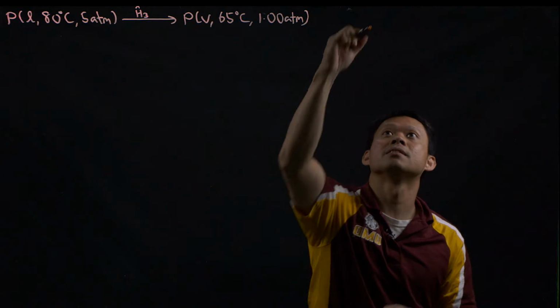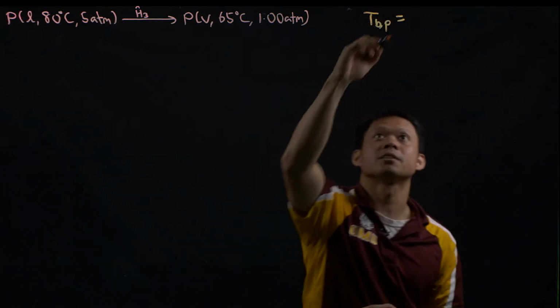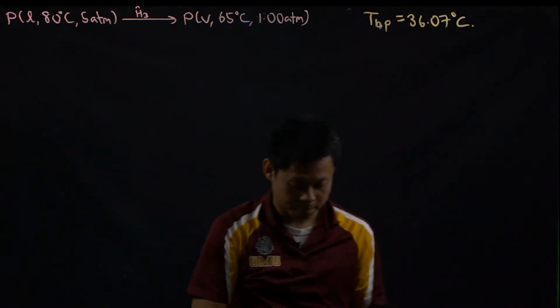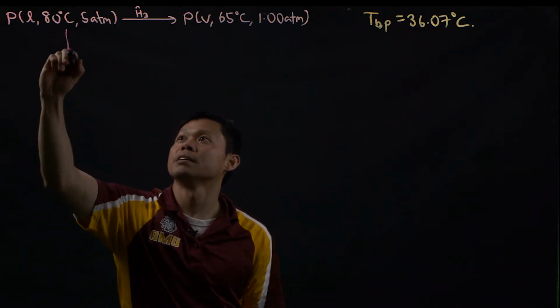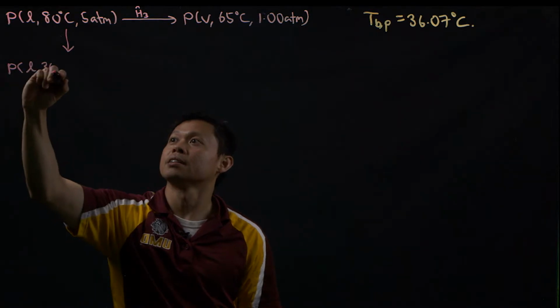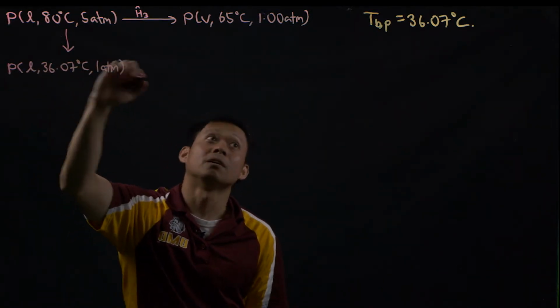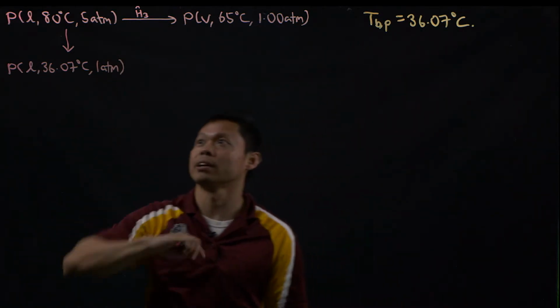The boiling point for pentane is 36.07 degrees C. So first we bring this to liquid at 36.07 degrees C and 1 atmosphere, because the boiling points are given as a normal boiling point, which is at 1 atmosphere.